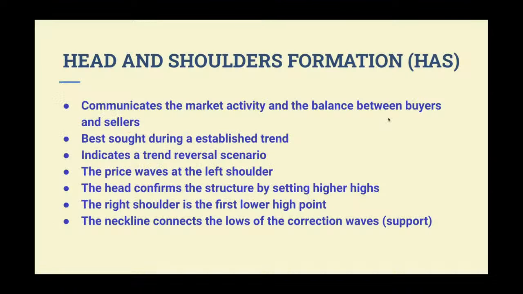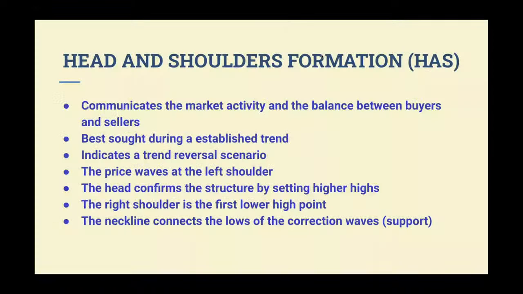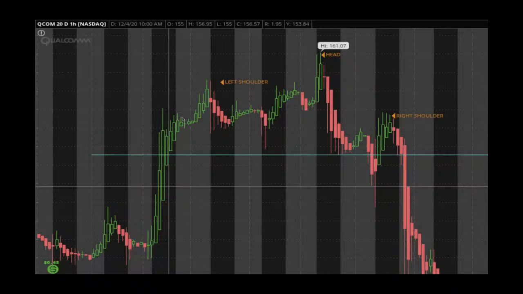So you see here, the head confirms the structure by setting higher highs. That's the head, and that's a higher high. The price wave at the left shoulder: you see the left shoulder and the price starts dropping. It's setting support close enough.